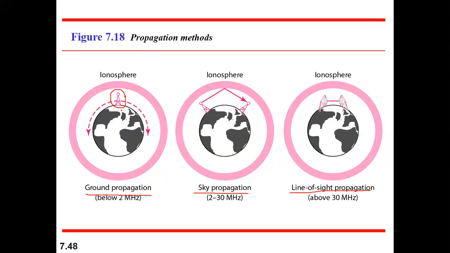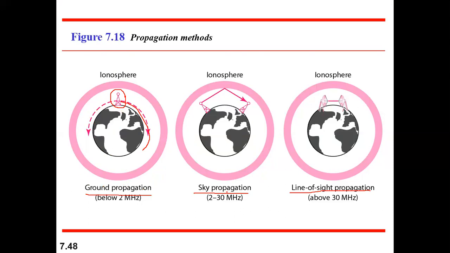All right, now the distance that a signal can actually traverse depends upon the power of the signal. The higher the power of the signal is, the more of the curvature that it can actually traverse. Right, so that was basically it for ground propagation.